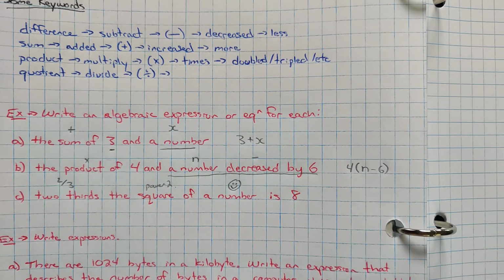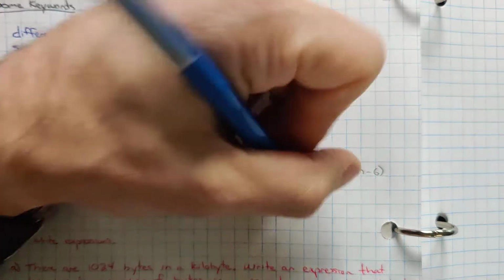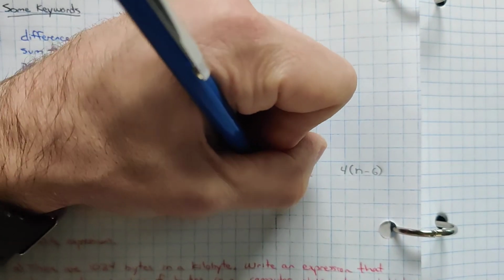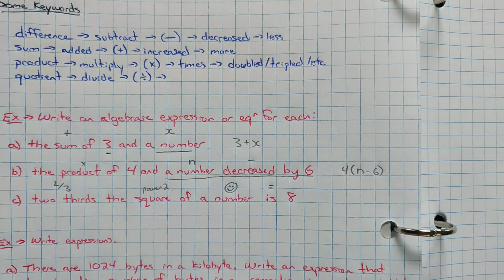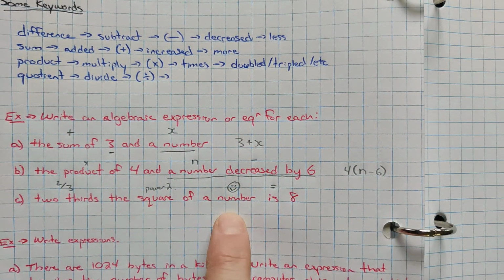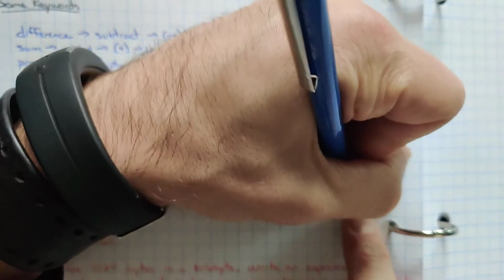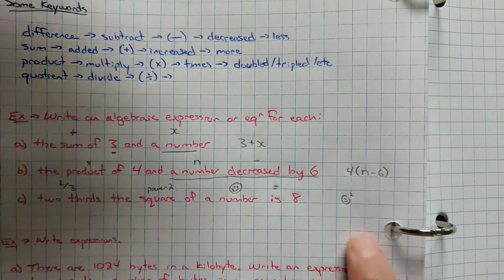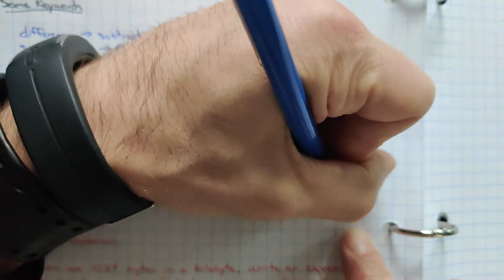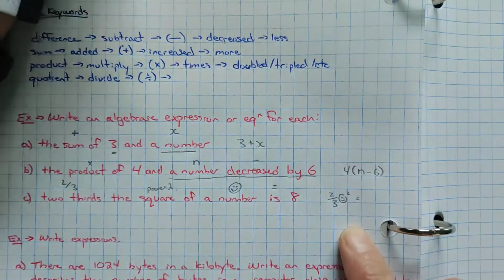Is would mean equals 8. So we square a number, our happy face squared, 2/3 of that. So we multiply that by 2 over 3, and that's going to equal 8.